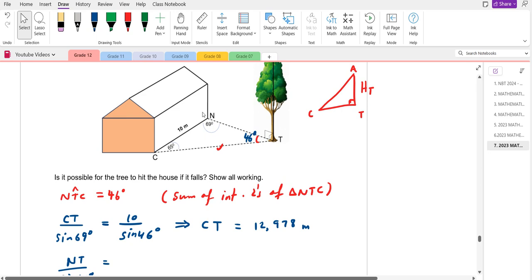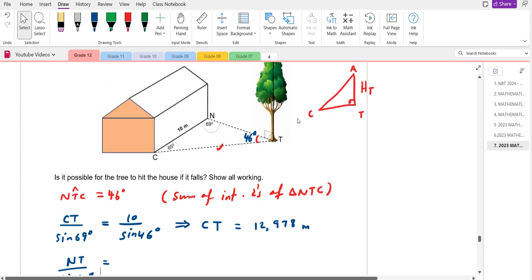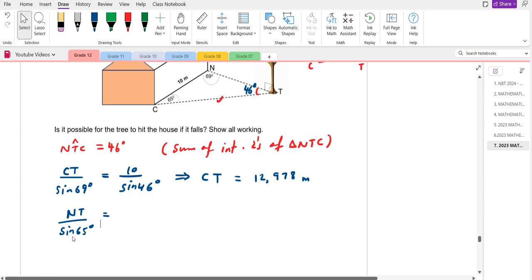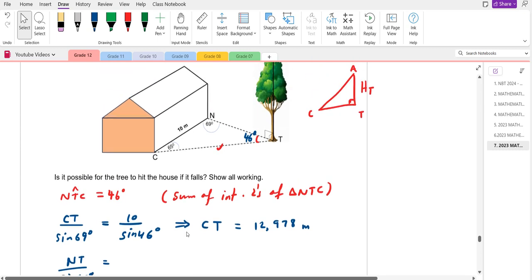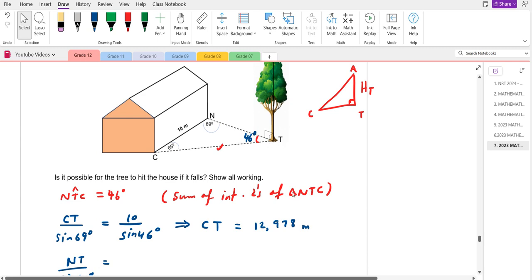If the tree falls in that direction or in this direction, I just want to see what's the distance away. So NT over sine 65, should we calculate NT? Let's just calculate it. We're not going to lose marks, so then we can figure out which one to use. So what is NT?